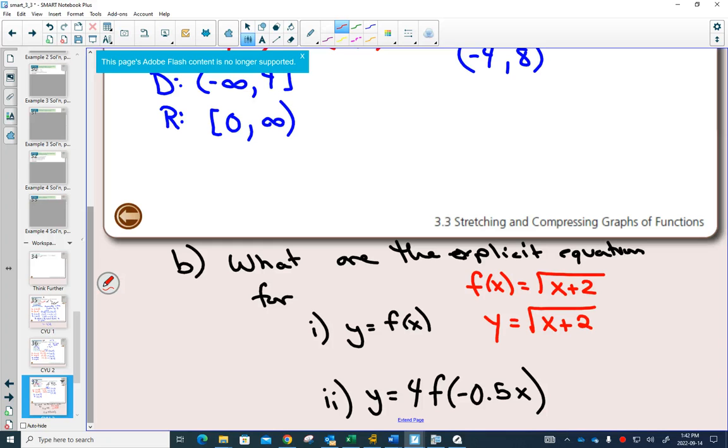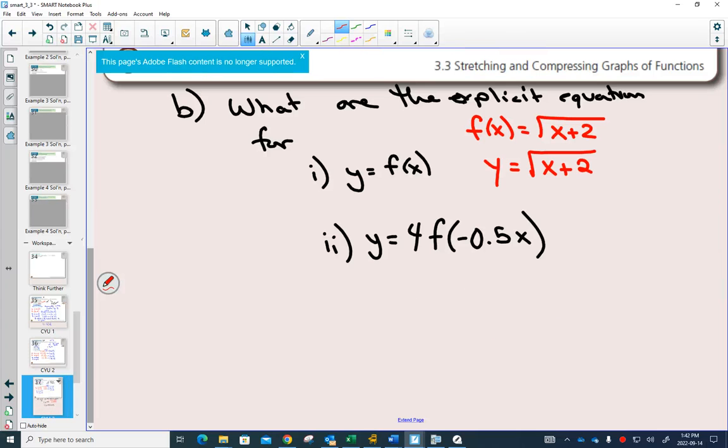How do you translate from function notation to an explicit notation? So for the blue graph, it would be y equals, there's a 4 outside the function. Outside the functions are easy. Just put a 4 outside the function. Then inside the function, function notation says whatever's inside the function gets put into the original function where the x was.